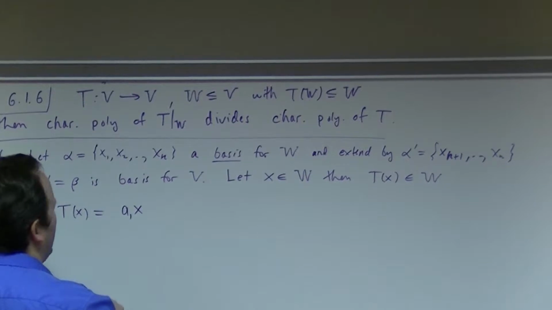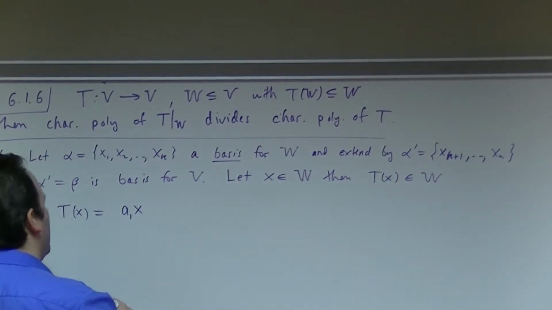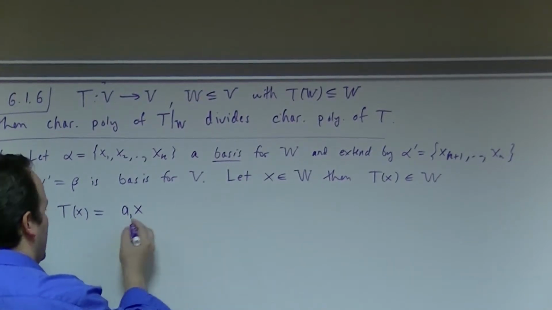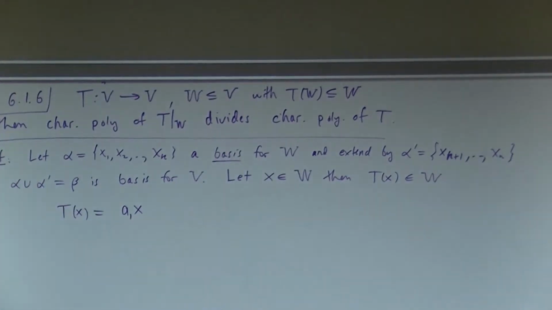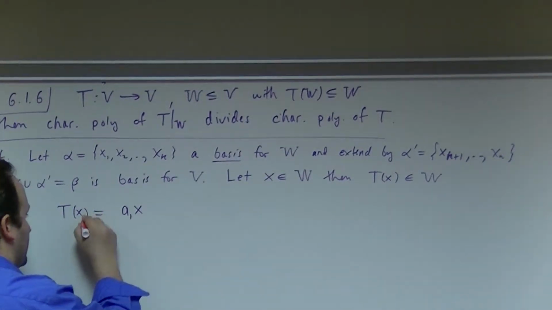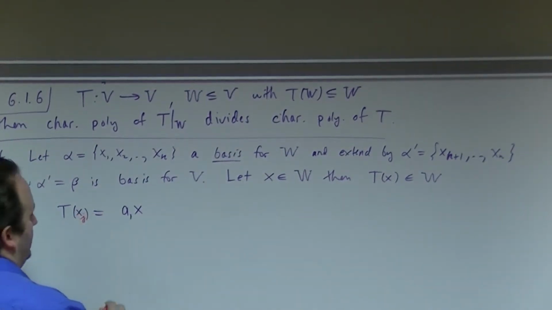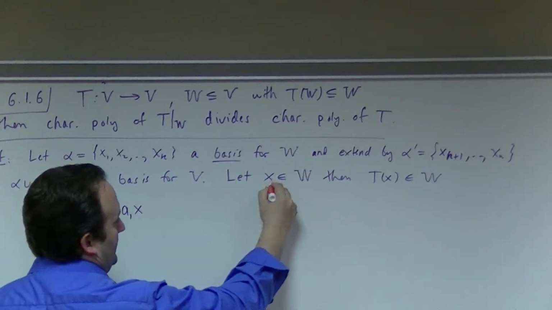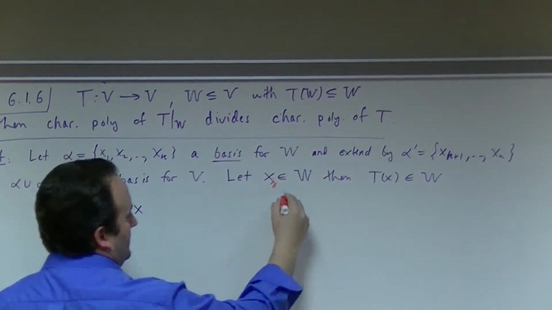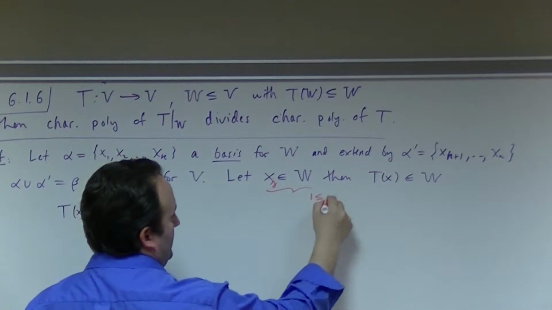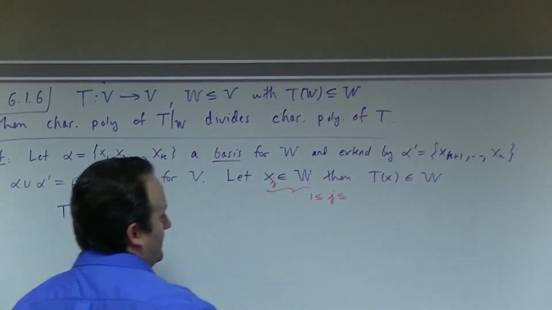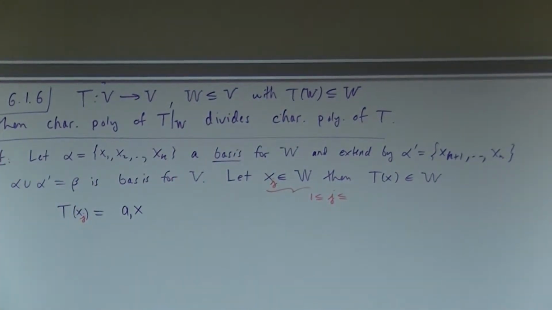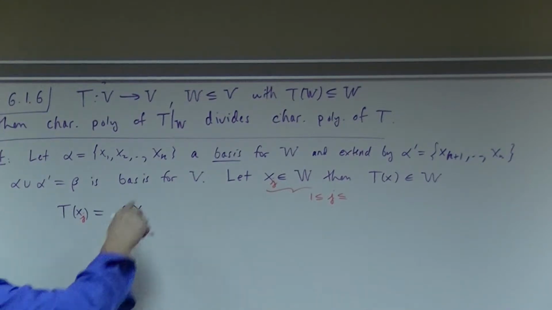Sorry, I seem to have forgotten, we need to put a sub j on the x. I really want to argue for a basis element, so it's a little bit more cluttered here. I'm looking at 1 less than or equal to j less than or equal to k, right?